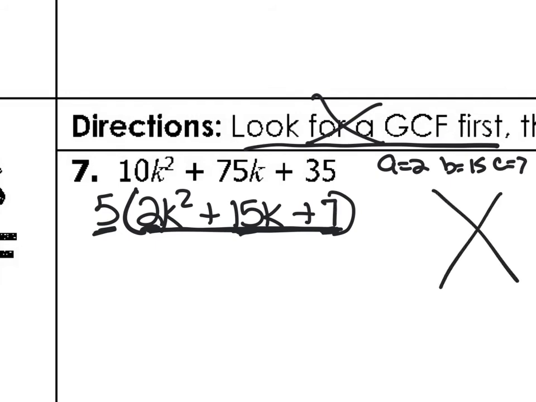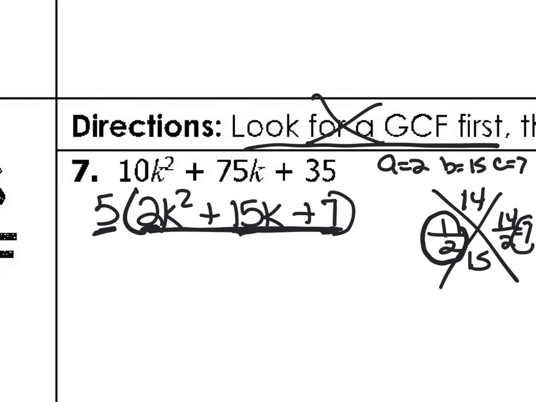So we're going to put A times C, so that's 14, and then B is 15, and we're dividing by A, which is 2. So factors of 14, so 1 times 14 is 14, 1 plus 14 is 15. So that works. 14 divided by 2 is 7, so that works. And 1/2, can't reduce that, so that's going to be our fraction.